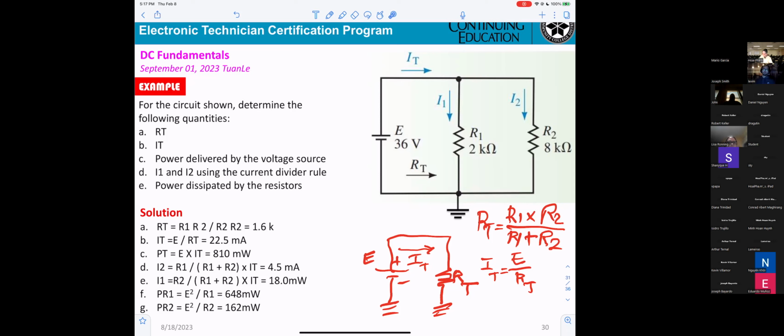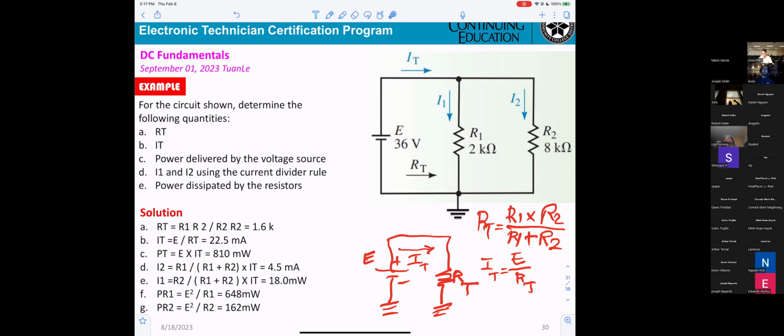Now if you want to calculate the I joule, then you use the current divider law. That means I joule equals I total times R1 divided by R1 plus R joule.